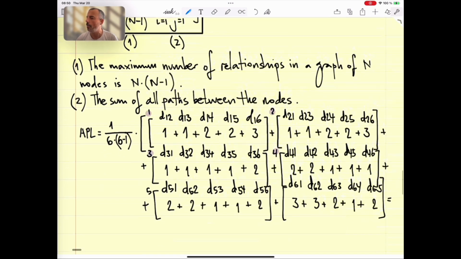All right? So this is the way to calculate the average path length of a network. So please take a moment and calculate it. Give me the number, please. Somebody do it, okay?